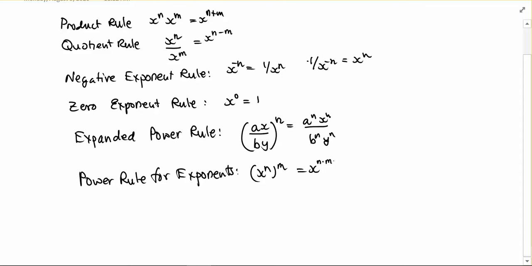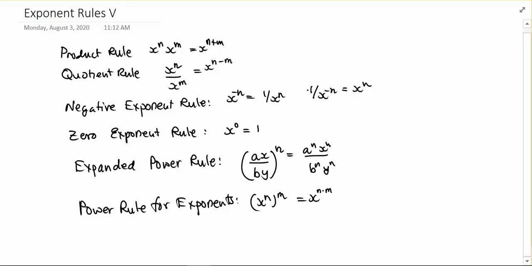Alright, so I know this seems like a lot of rules. My suggestion is to put these rules on a 3x5 card that you can have in front of you as you do your problems. Just remember, all things are governed by the order of operations.